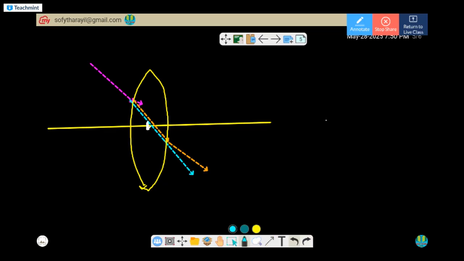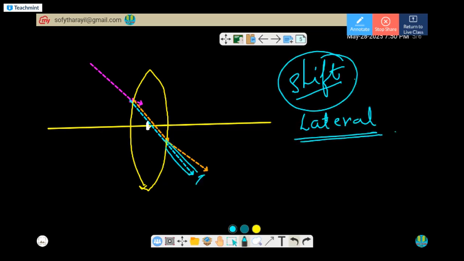No. Deviation is how far it is getting extended from its bend. But the parallel shift that we have, what is that called? Moving away from the incident ray, that is called lateral shift. That term is called lateral shift.